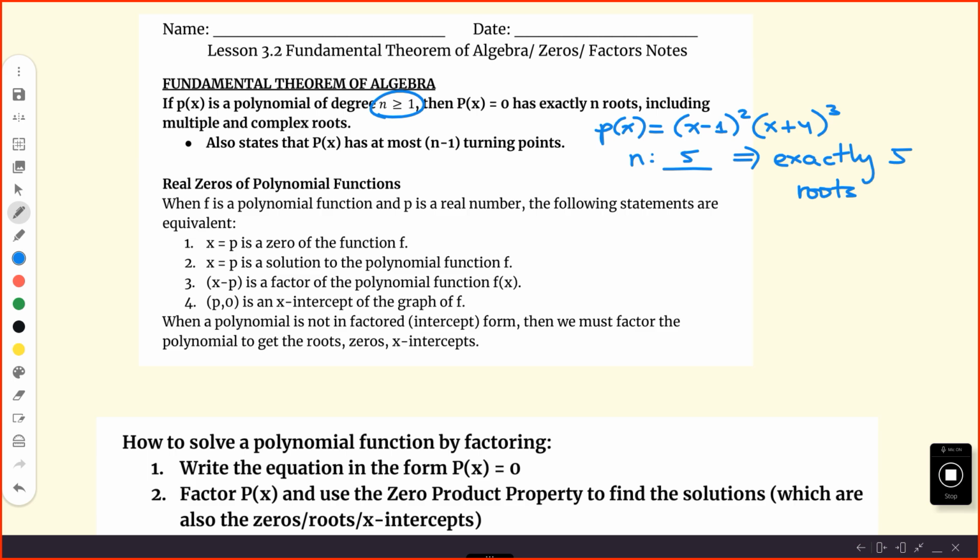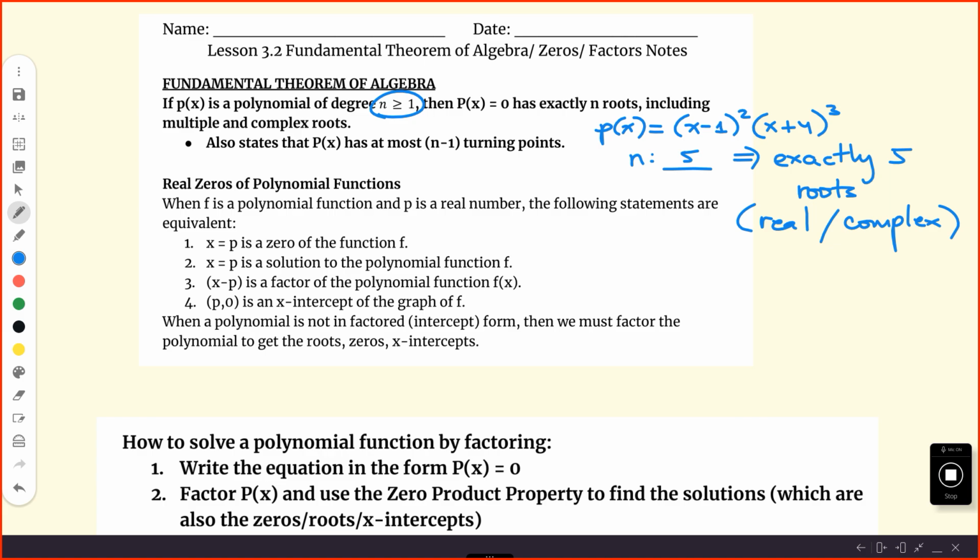Okay, so these 5 roots can be real or complex. Complex means imaginary. You cannot see that on the graph because the only thing that you can see on the graph for the x-intercepts are real roots. Okay, so the 5 includes real and complex.